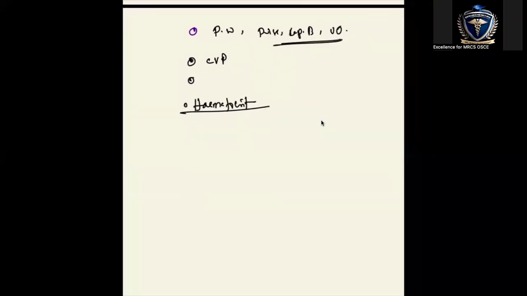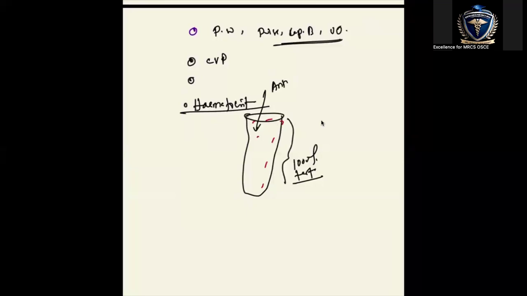Exactly. Basically, when there is leakage, like this one is a 100 ml test tube. You kept 100 ml of blood here. So you have done two things here. One is you added some anticoagulant. Second, you centrifuge this.